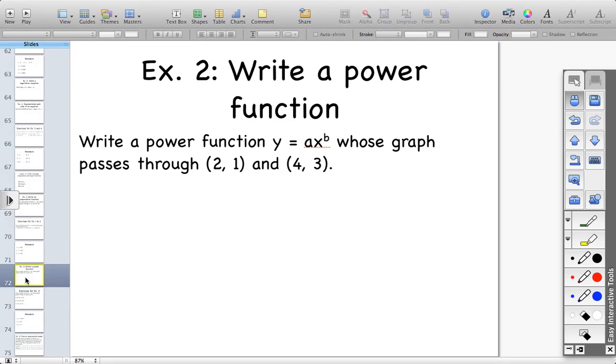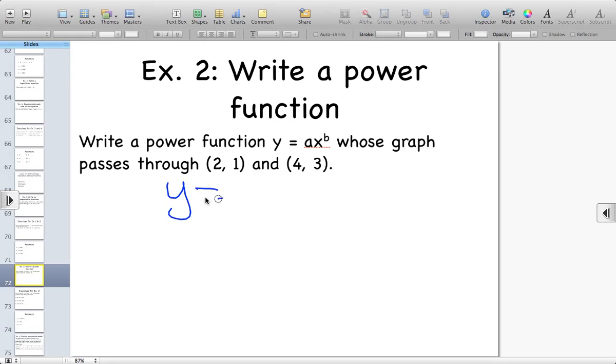Example 2. How to write a power function. So the big key is recognizing when it is a power function. Well, a power function means x is in the base and it's going to be raised to a specific b value. A specific value, so that's not variable.